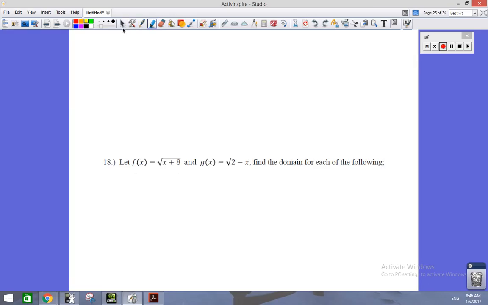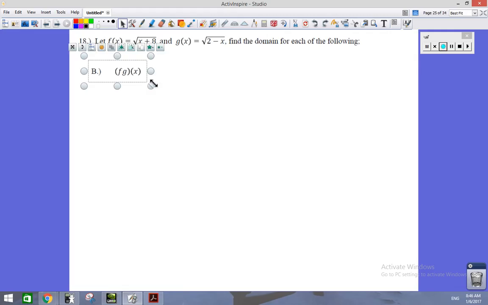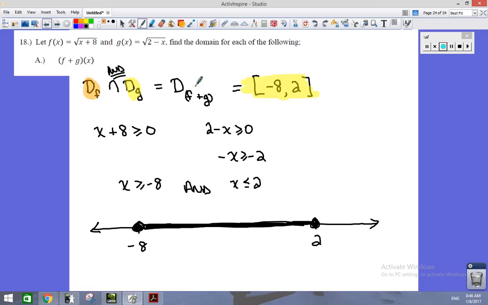When you're adding or subtracting or multiplying functions, the answer in A is going to be the same as the answer in B for any f and g. If I was finding the equation, they would look different, but the domain for each of these is the domain of f intersected with the domain of g, which is what we just did.